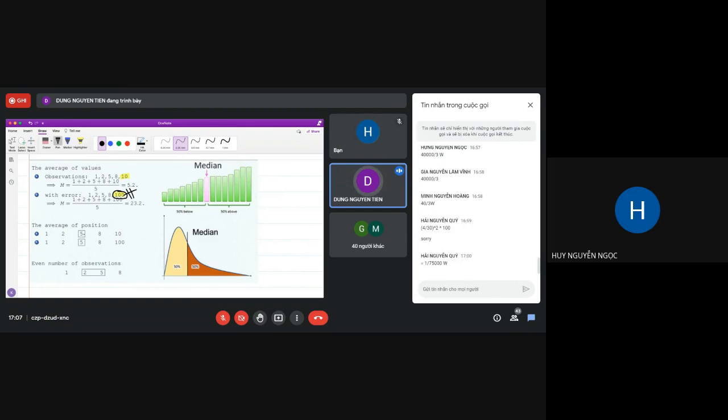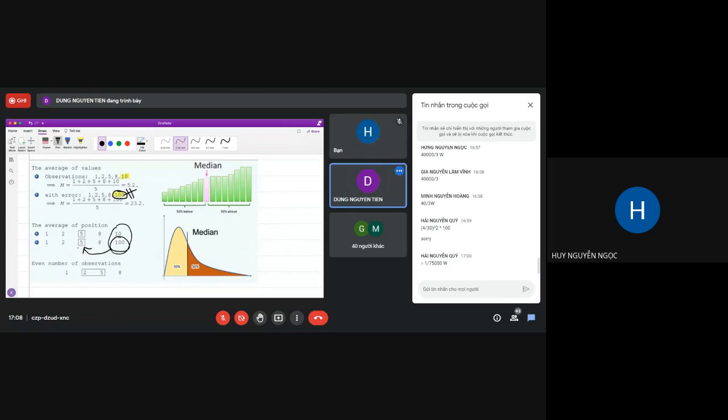Then I get the number in the middle. I get 5 here. So 5 is called the median of the observations. If I have 5 numbers, 1, 2, 5, 8, 100, then the median is still the same, 5, right? So this strange value, 100, does not have any influence on the median.